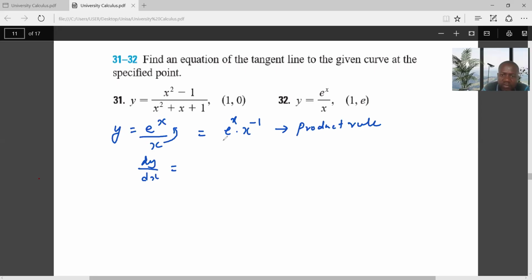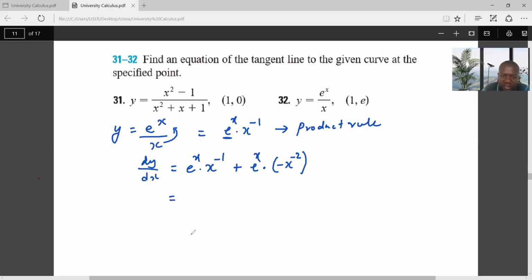Product rule says differentiate the first one. Leave the second one. Then leave the first one. Differentiate the second one. What would be the answer? This would be minus x to the power minus 2. So let's simplify this.